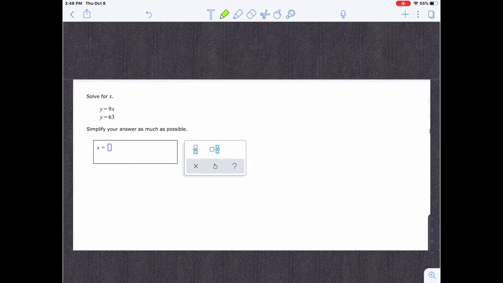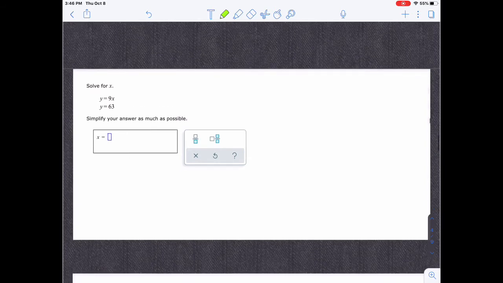All right, it says solve for x. This is like a puzzle, okay? So if y equals 63, that's going to be the key information. You can't solve for 2 variables at the same time. You can only solve for 1.